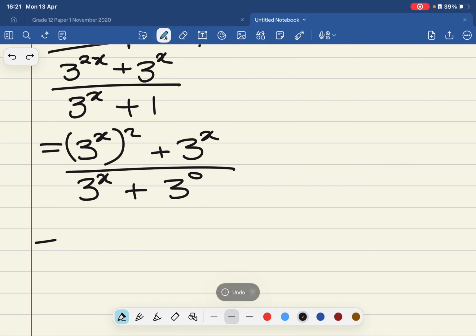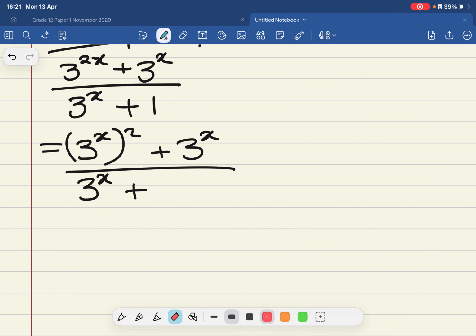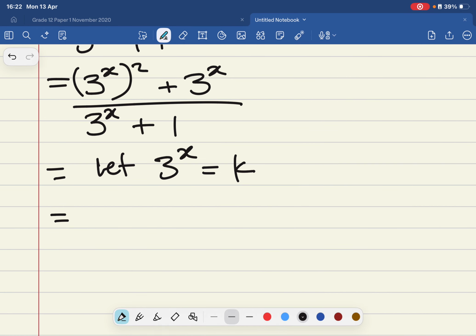Or we can just leave it like that and write 1 as it is. So what we're going to do, we're going to let 3 to the power of x be k, so that this is going to be very simple. So now we have k squared plus k over k plus 1.